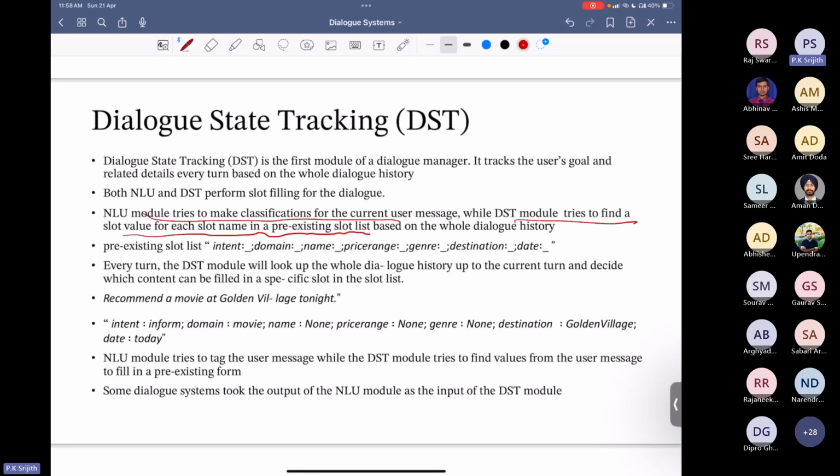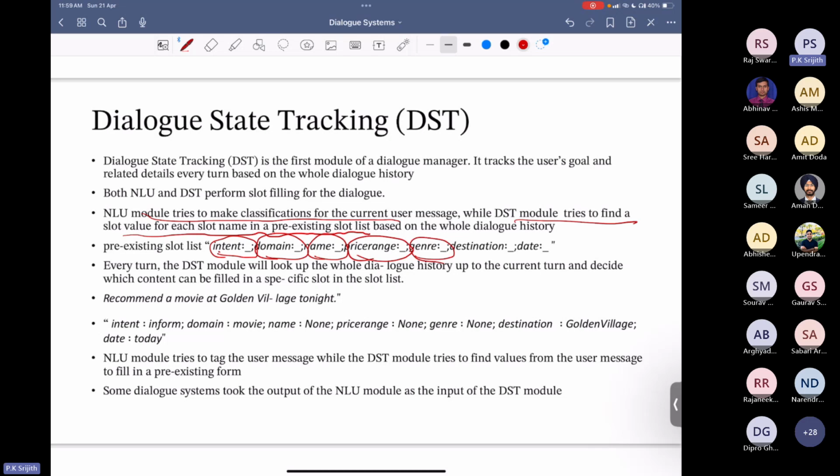For example, if it is a restaurant or movie domain, you maintain something like an intent slot: what is the intent of the user, book a movie or something. Then the domain slot, the name slot, the name of the movie or restaurant, then the price range slot, cheap or very costly restaurant. Then the genre slot, very useful for movies.